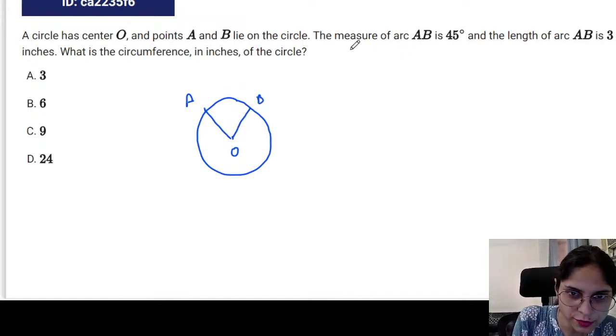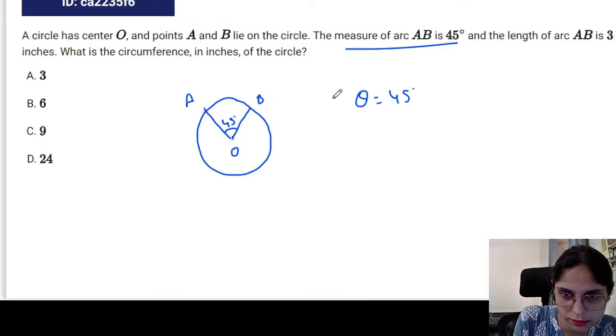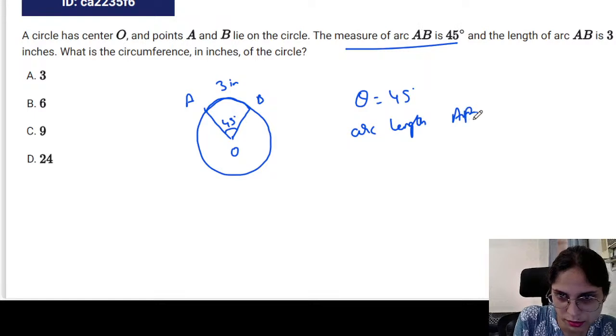Measure of arc is 45 degrees, that means your central angle is also 45 degrees. And now arc length is given as 3 inches. For arc length, I make an arc after writing AB. That's 3 inches, and they want to know what is circumference.